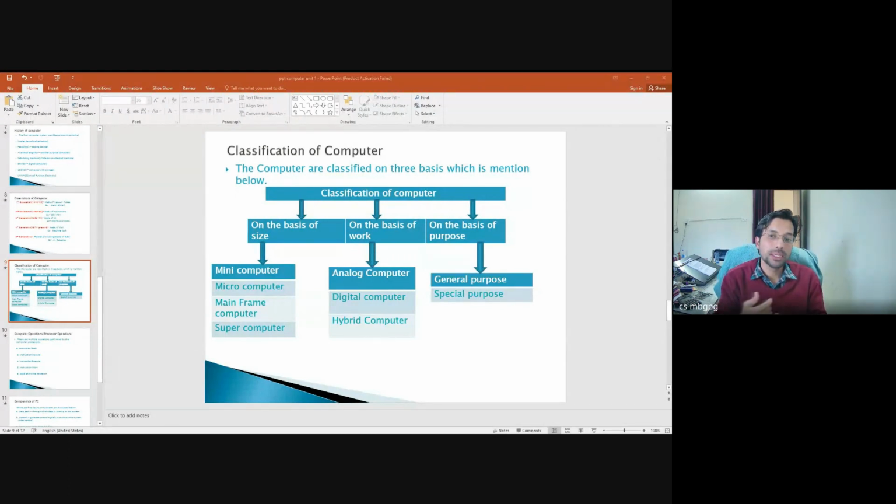Which type of organization? Such organizations where we use census data processing, or transaction processing management in the banking field, where we use different types of servers, where we use statistics problems, census data processing.